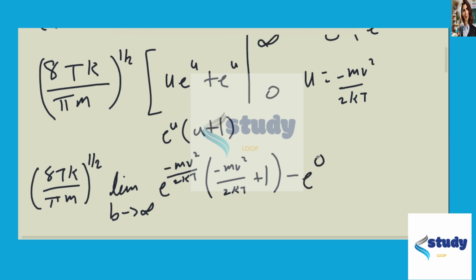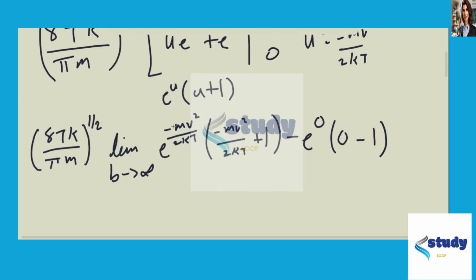So I can already tell you that's going to be e to the 0, and then 0 minus 1, because I have negative mv squared. So if I take the limit as, oh, my mistake. Both of these should be b's, because remember I made it b.